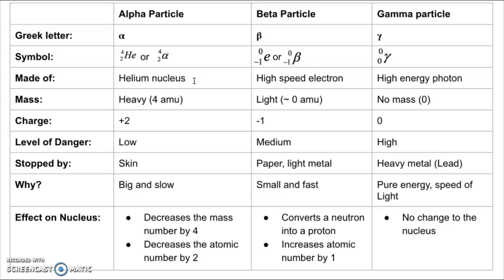If I were to weigh it out and compare it to the other types of radioactive decay particles, it's going to be extremely heavy. It has a charge of +2 because I have 2 protons. Protons are positive, so 2 protons means a +2 charge.